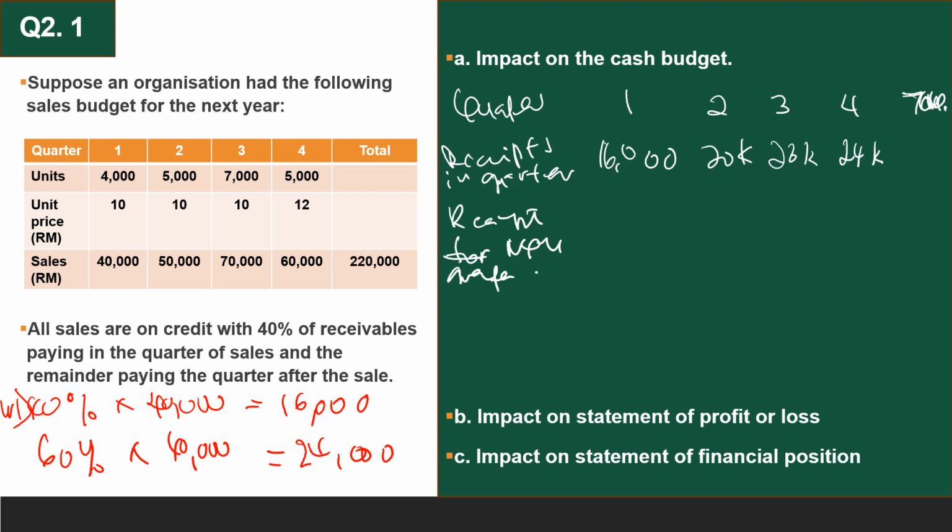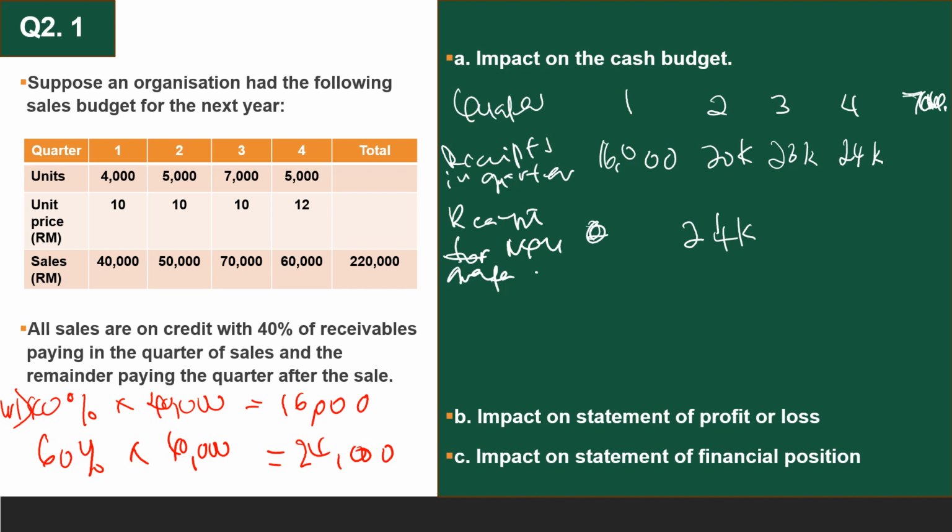So on the first quarter it becomes 0, you do not receive anything, but in the second quarter you receive 24K.